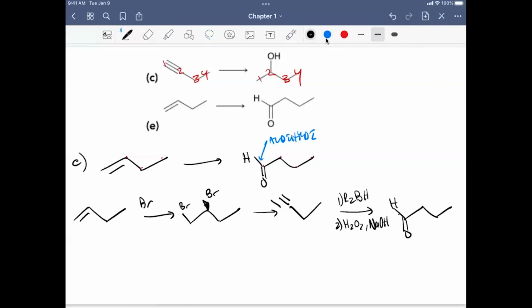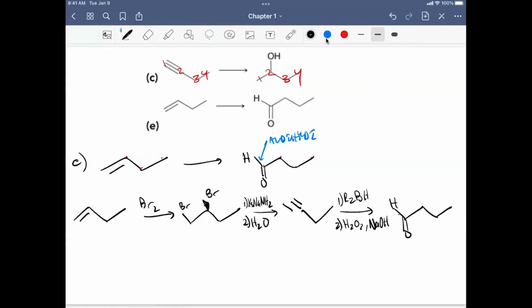We can use Br2 at the start to get those two bromines over that double bond, and then we can use excess NaNH2 and H2O.